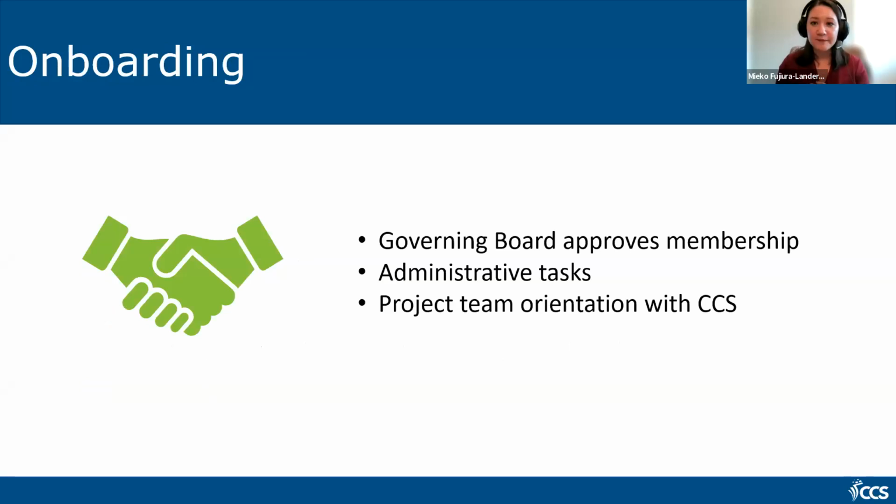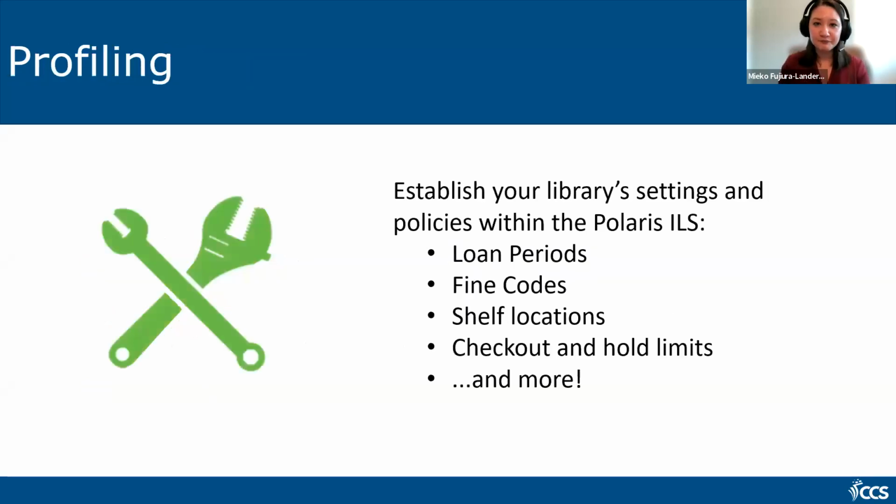Everything started out with onboarding. So this is basically just getting paperwork, billing, and contracts in order, getting the project organized and the schedule set. After onboarding came profiling, and this is where we established Warren Newport's settings and your circulation policies.